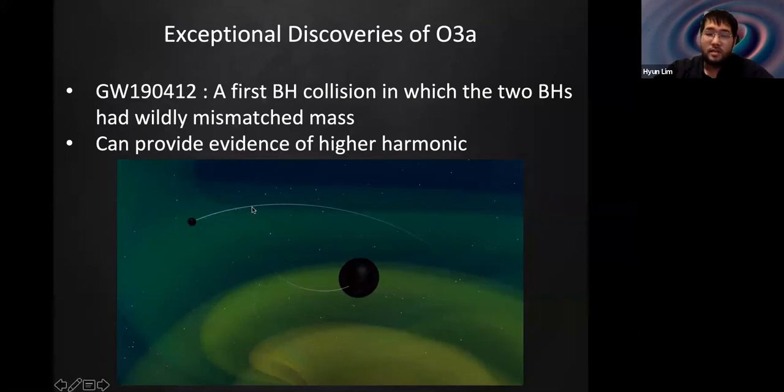So why is this interesting? This can provide evidence of higher harmonics. So what do higher harmonics mean? As I showed in the previous slide, the idea of gravitational waves of course came from Einstein. But later we find Newman, Penrose, Kip Thorne and many others studied how we can understand this gravitational radiation theoretically. And they think that it is dominated by a mode called the quadrupole.